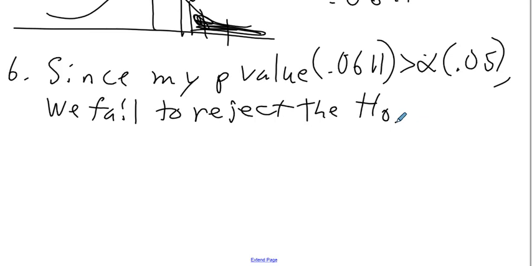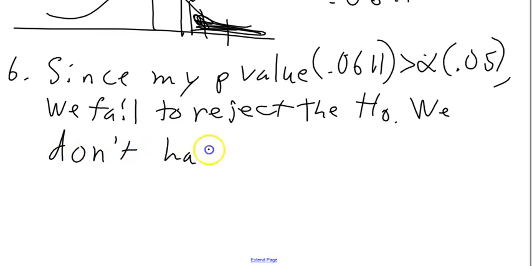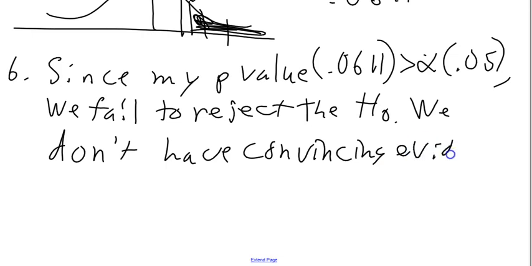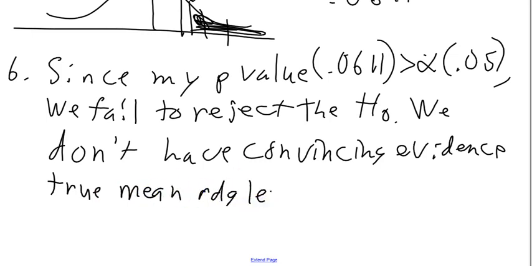Okay? We don't have convincing evidence, and then we just copy from what we put our mu as. True mean reading level, you can abbreviate if you want to, is greater than 5.